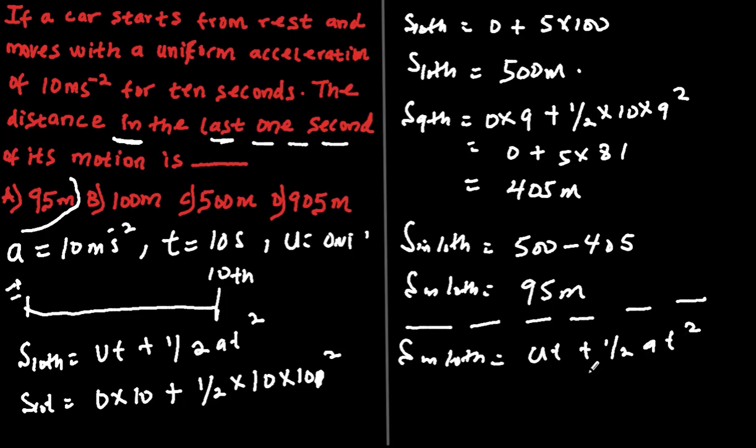You put them individually. So u is 0 times 10 minus 9 plus half times acceleration, which is 10. So this is going to equal, when you are doing this, 10 squared minus 9 squared.